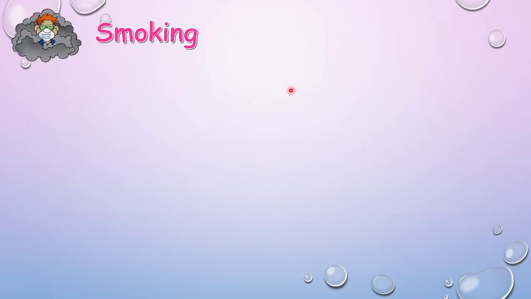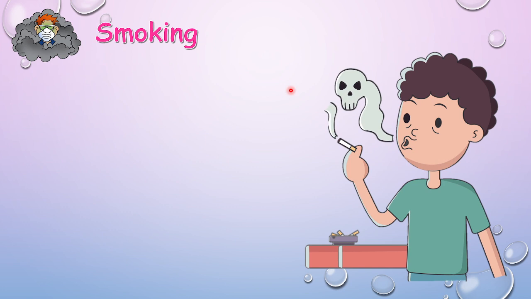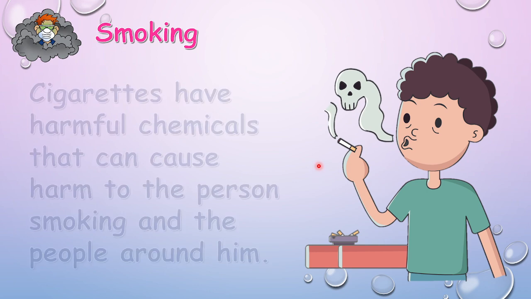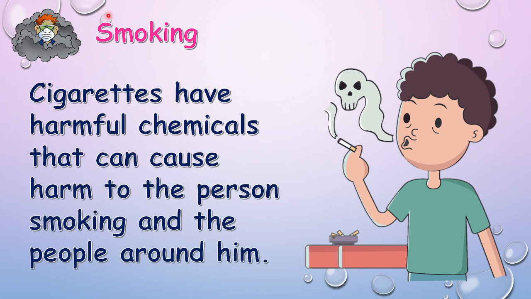Next is smoking. Smoking cigarette. Remember, cigarettes have chemicals also. They are made of chemicals. The black one, right? So when you smoke, you don't just put the chemical inside your body. You also spread the chemical around you, right? Because they smoke, they bring some chemicals inside their body.